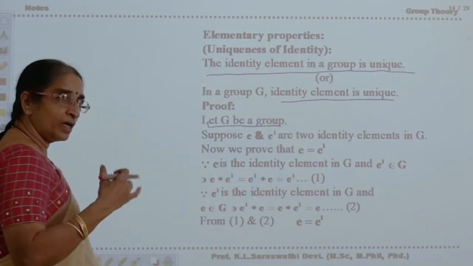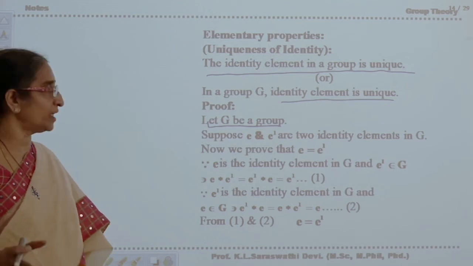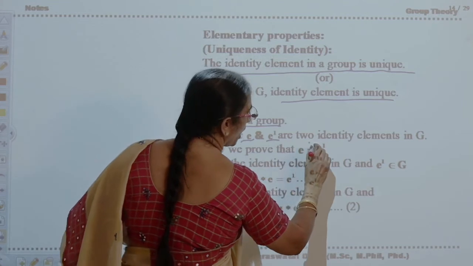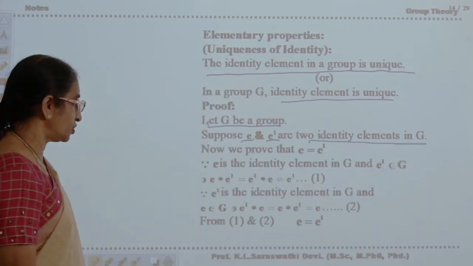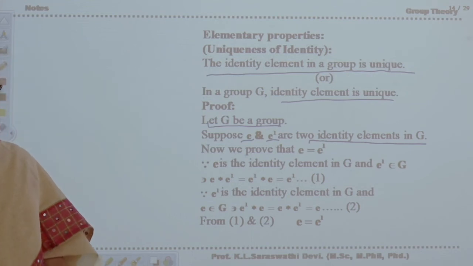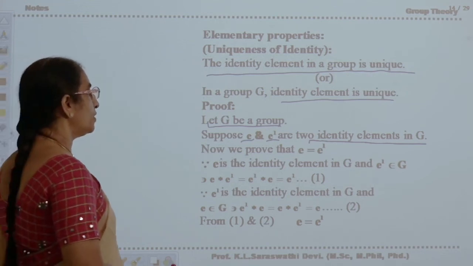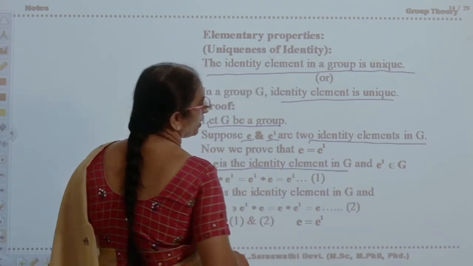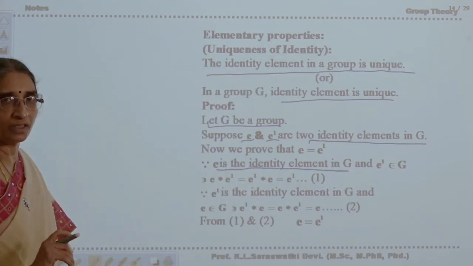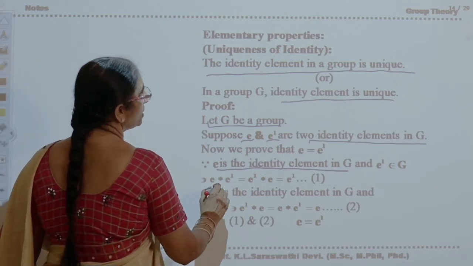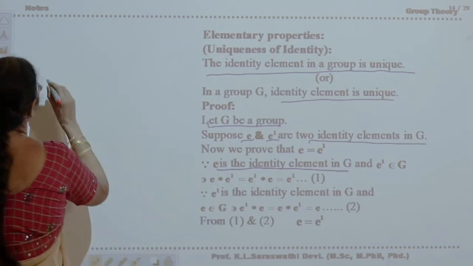If it is not unique, let us assume there are two identity elements. Let e and e dash be the two identity elements in G. Now if you want to say it is unique, you have to prove that e is equal to e dash. Now suppose e is the identity element in G and e dash is any element in G. So e star e dash; G is a group with respect to star, take it.